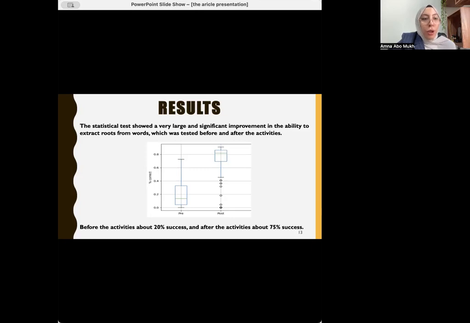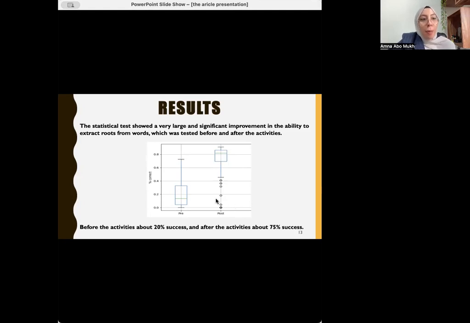But according to our results, as you can see in the diagram in front of you, both first and second graders had 20% success.